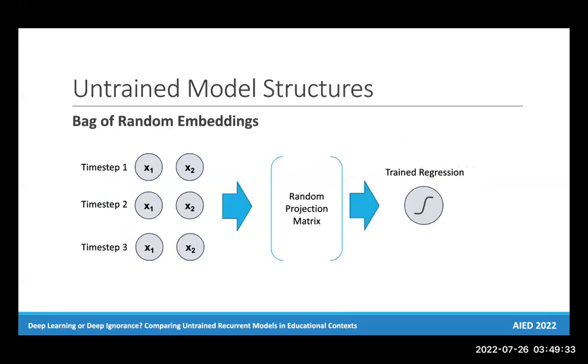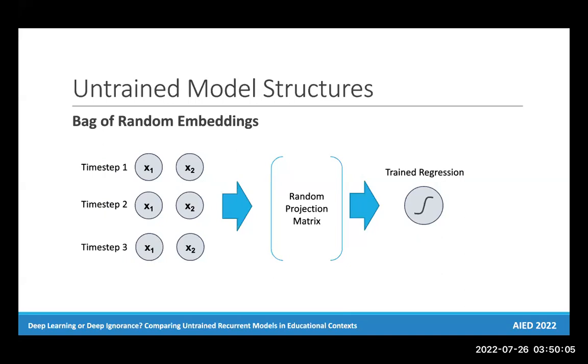So, coming back to this idea, there are some other model structures that we wanted to examine in this work. There are two, in fact, model structures that are meant to be untrained. The first one that we examined was a bag of random embeddings, which basically takes a sequence of features over time and multiplies it by a projection matrix. There are some ideas of how you might structure that random projection matrix.